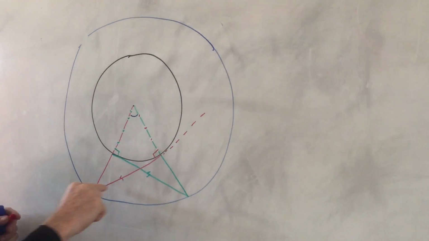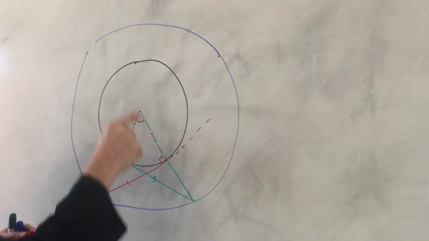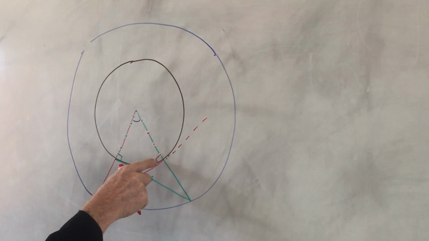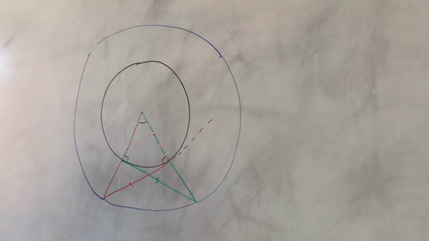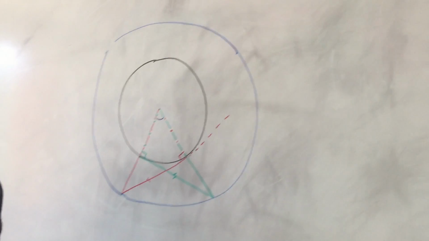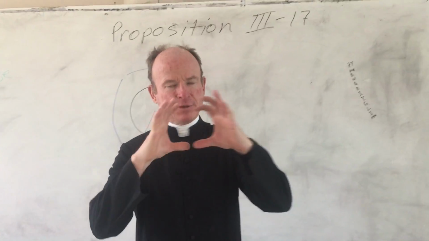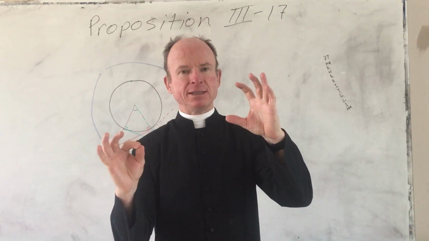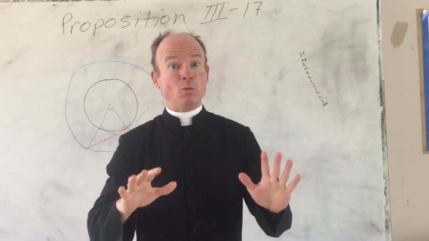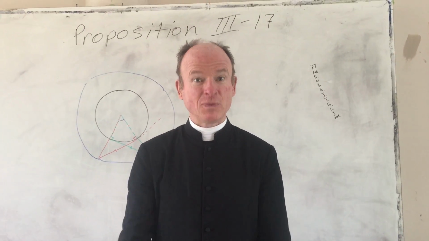How do we know that? Because this is drawn perpendicularly to this, and we proved that it was perpendicular by showing that it's equal to this using side angle side. Therefore, we have quod erat faciendum, what was to be done. Given a circle and a point outside that circle, to drop a line which touches the circle. Thank you. Bye-bye.